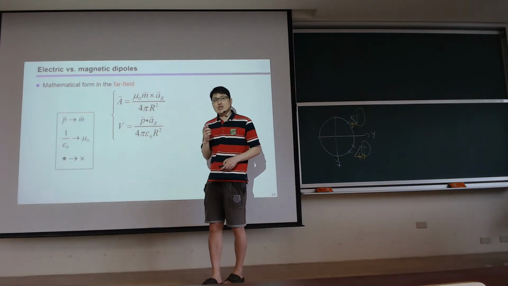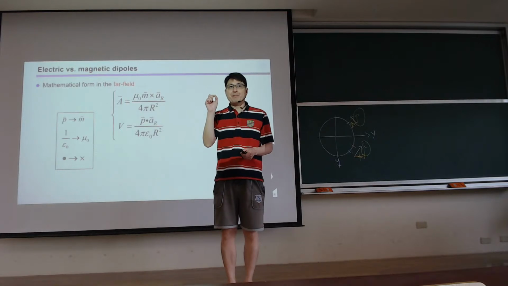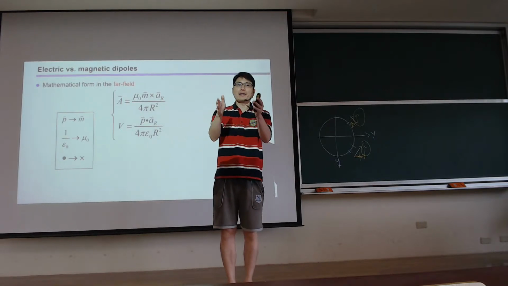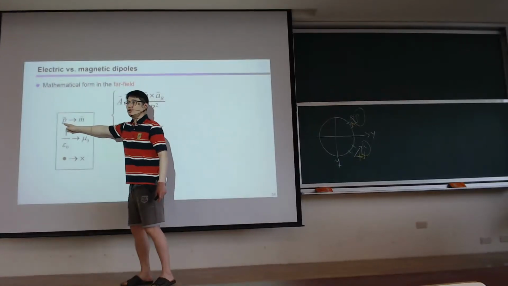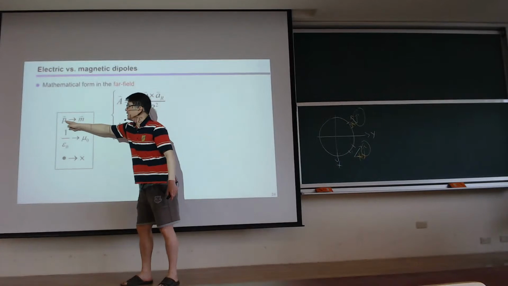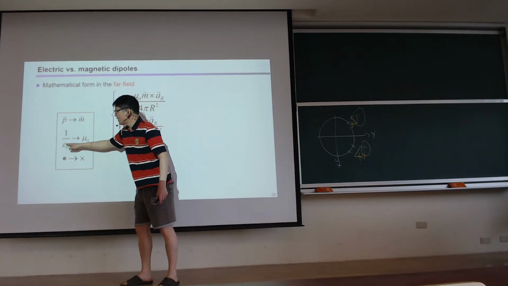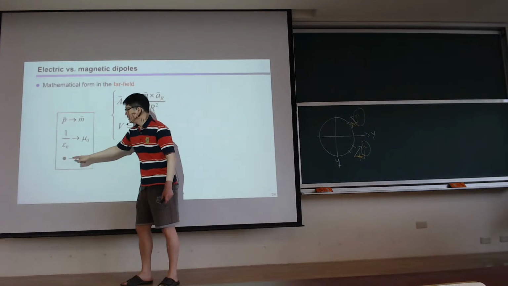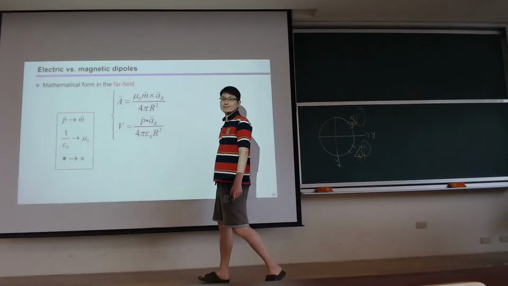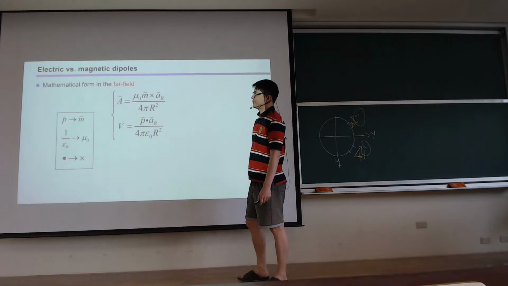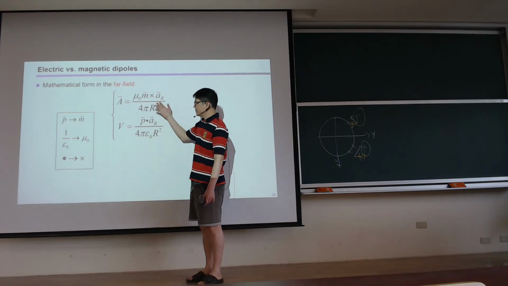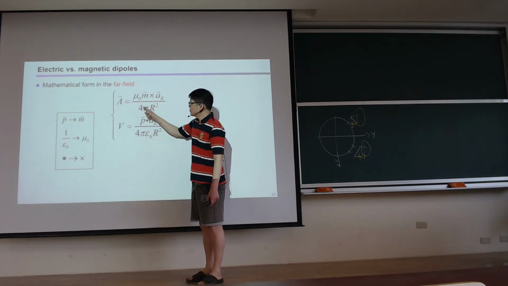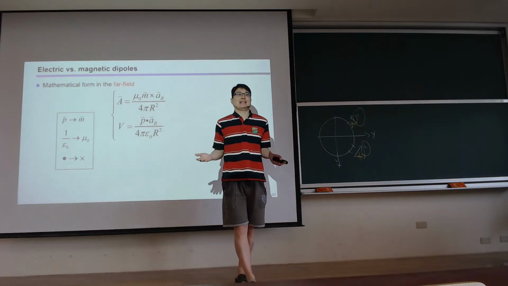So the end story is, if you understand one particular area very well, all you have to do is replace p by m, 1 over epsilon 0 by mu 0, and dot to cross. Look at it. If I change p to m, make the dot product a cross product, and 1 over epsilon 0 to mu 0, they are identical.